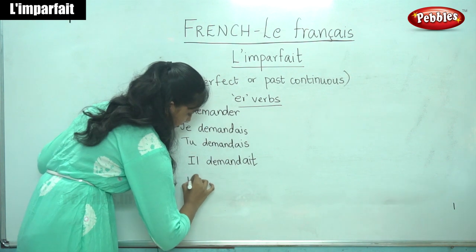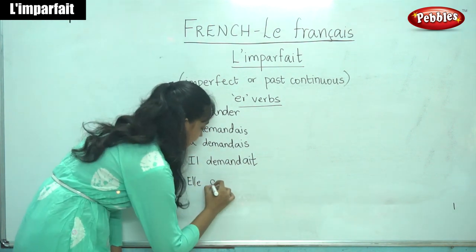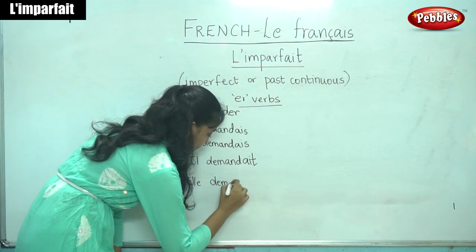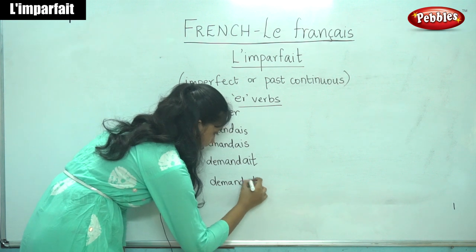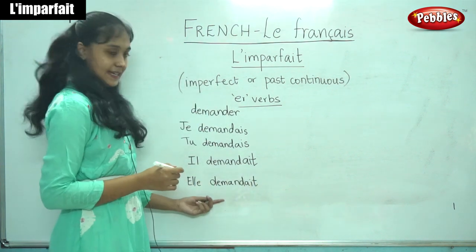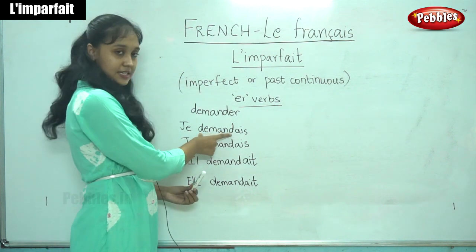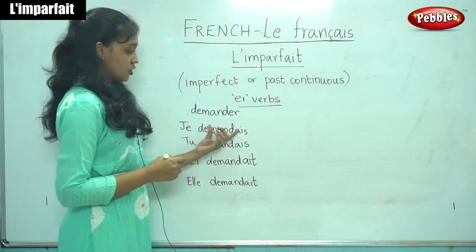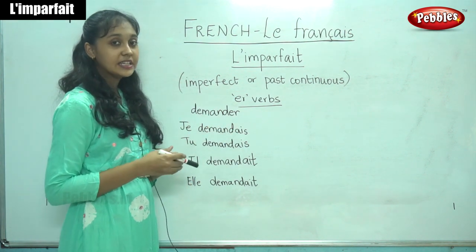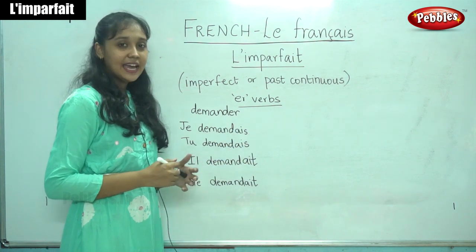And for elle also, the ending is AIT. Okay, is that clear? Simple way to write it. We just have to write the stem followed by the endings. So it is similar to how we wrote it in the future tense. The change lies only in the endings.